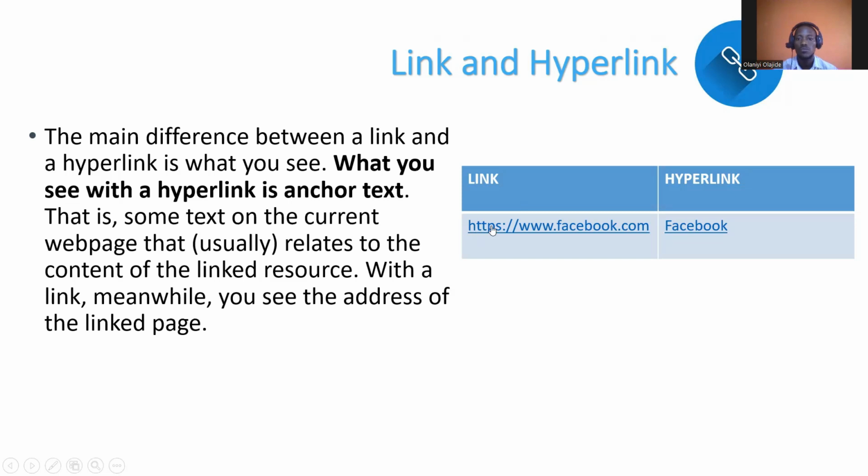This is facebook.com. You can see the link, right? But this one, you can't see the link until you hover on it with your mouse. When you hover on it with your mouse, you can see it's bringing out the link www.facebook.com. So that is the simpler difference, or let me say the main difference between a link and a hyperlink.